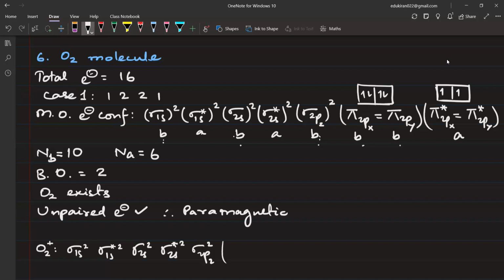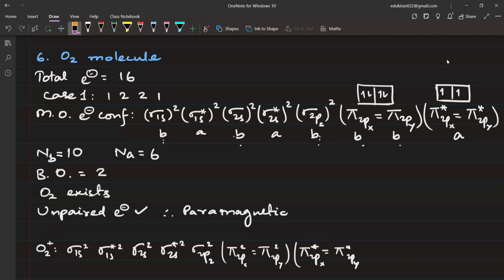Then you will have the pi 2px2 and the pi 2py2, correct? Then you will have the pi star 2px equal to pi star 2py, but pi star 2px will have 1 electron, because देखिए 2, 4, 6, 8, 10 और 4, 14 and then 15, करेक्ट है?